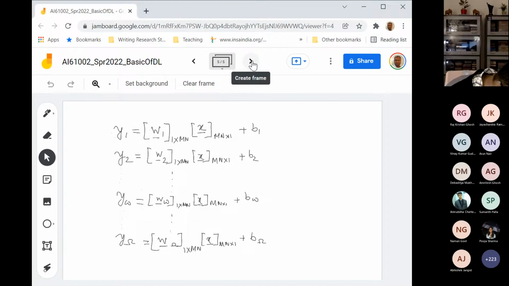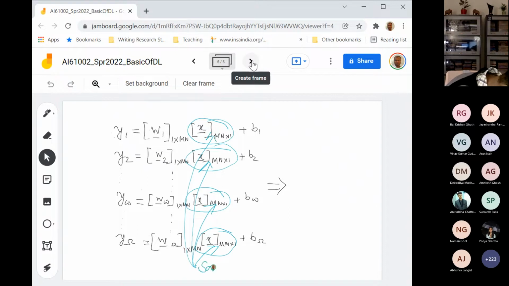Now, this set of linear equations, what you can see is that all of these x's are the same, and each of these w's over here are row vectors, and independent.